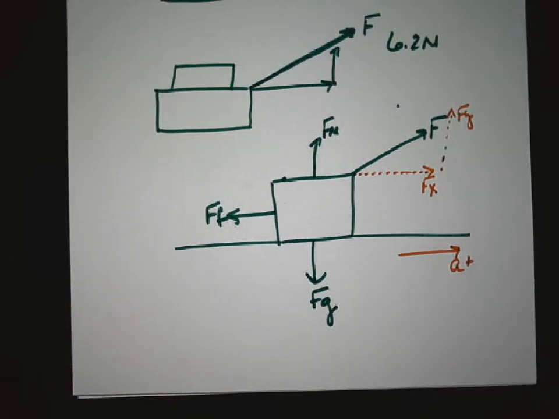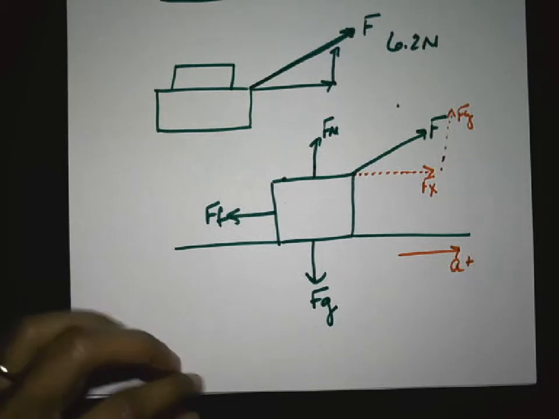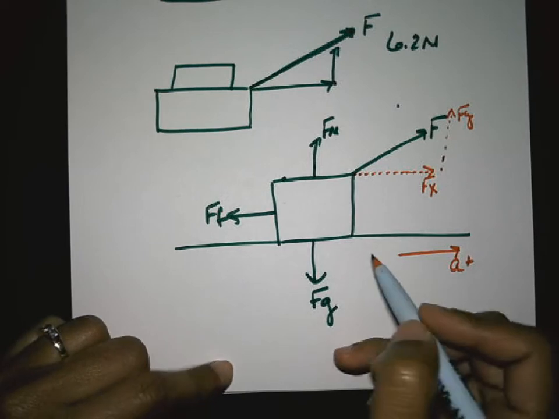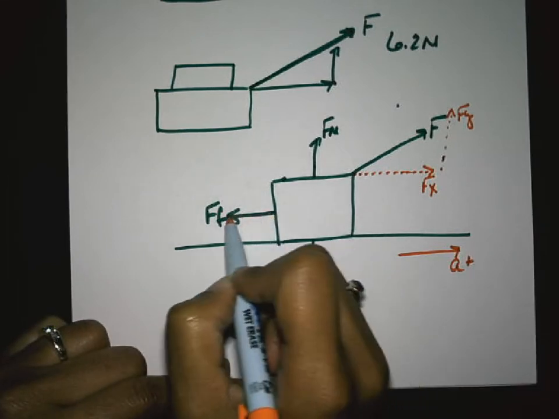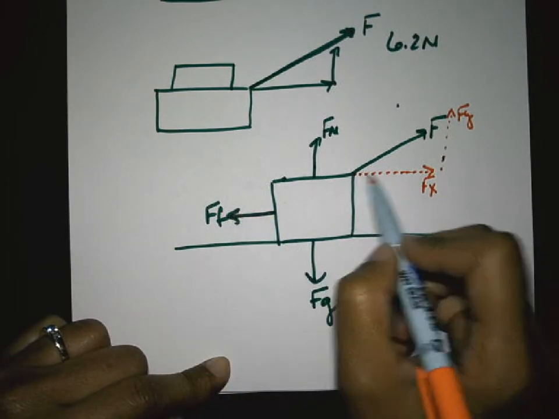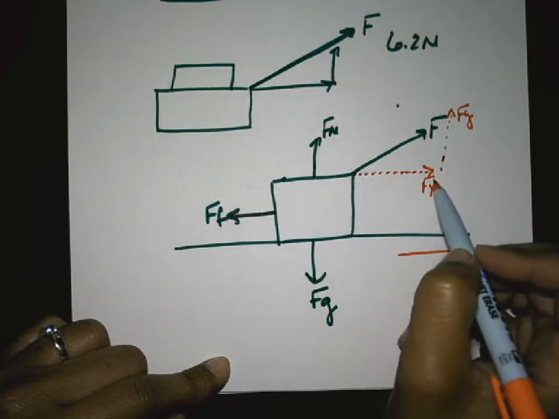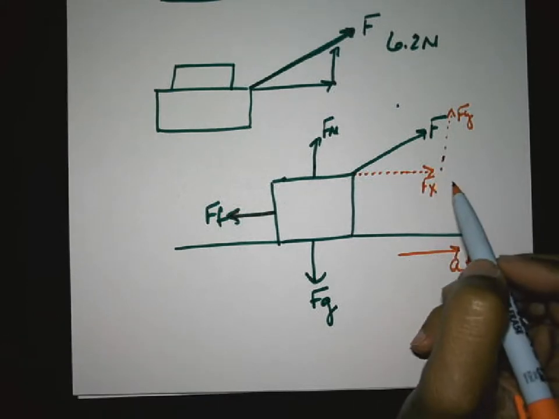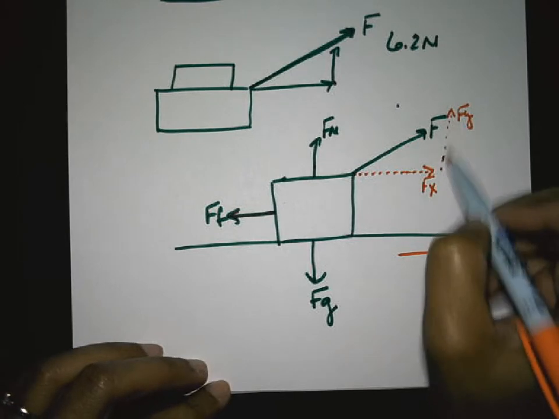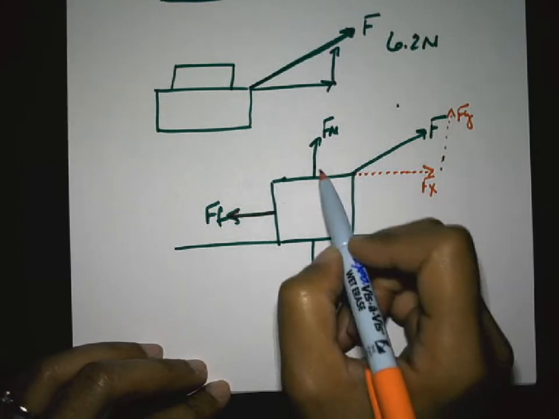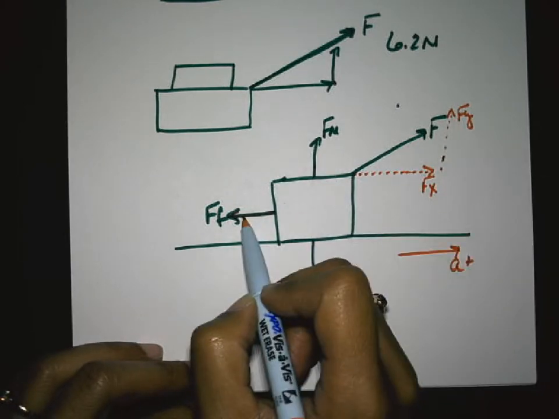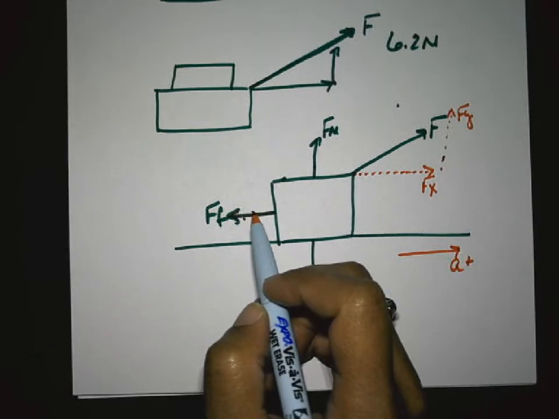Now when I ask the question, if I pull this block with 36 newtons, how fast will the block accelerate? Most students will concentrate on friction out to the back and the force of the pull to the right. But what you have to remember is this upward arrow and this upward arrow affect friction, so we can't ignore them.